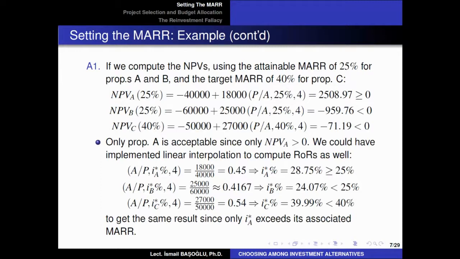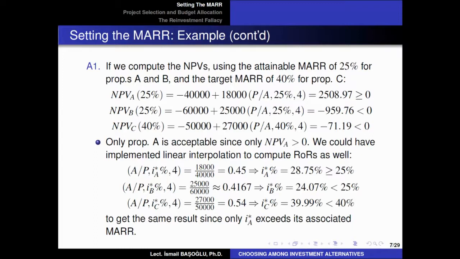So even though these values are negative, they are not significant values. They are not very large amounts of money for people who would like to invest $60,000 or $50,000 in a project. Therefore, we should not make hasty conclusions by just looking at the net present value.